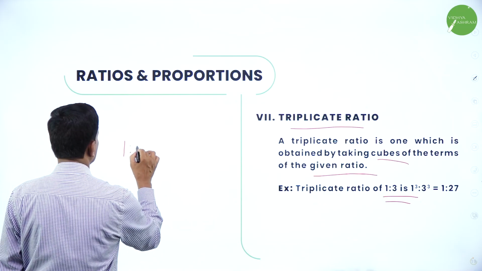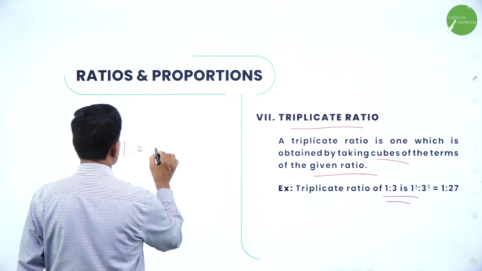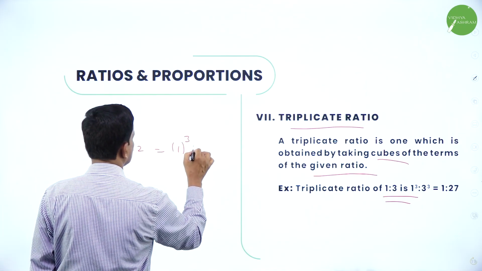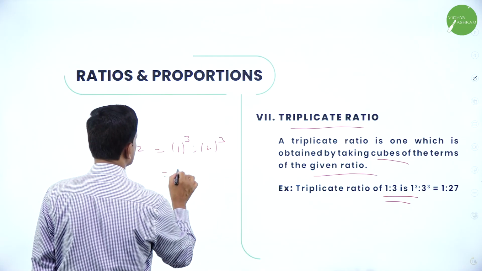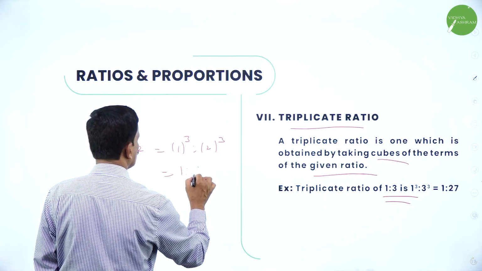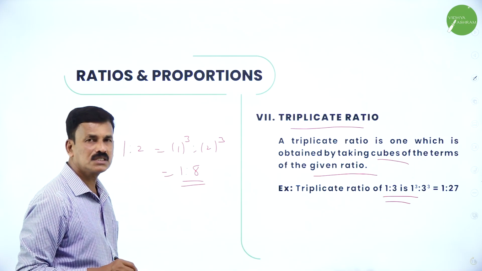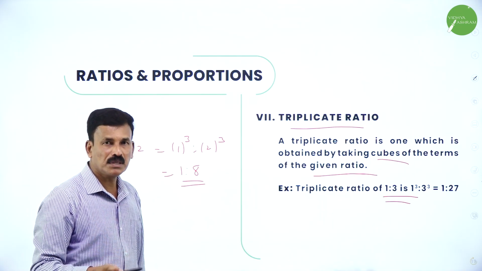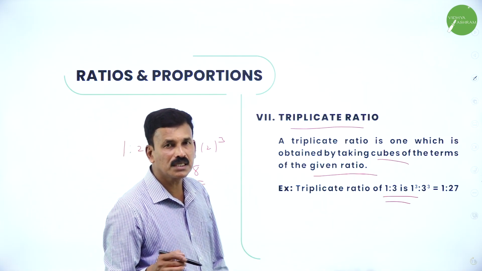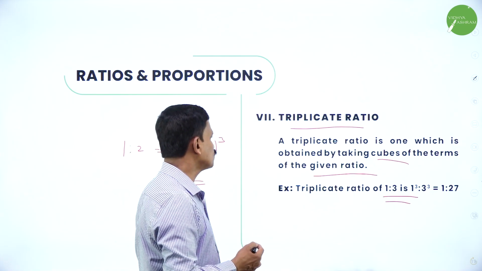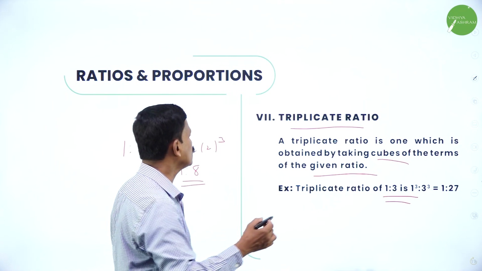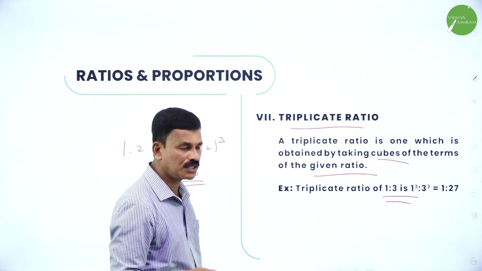Similarly, the triplicate ratio of 1:2 is 1 cube is to 2 cube. What is this equal to? 1:2 cubed, 2 to the 4 to the 8, so 1:8. This is the triplicate ratio. A triplicate ratio is one which is obtained by taking the cubes of the terms of the given ratio.